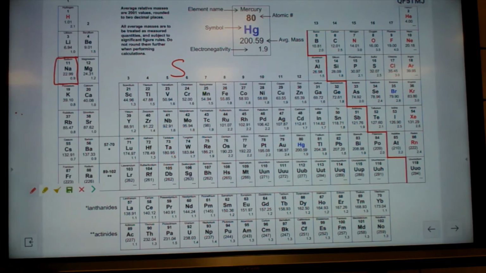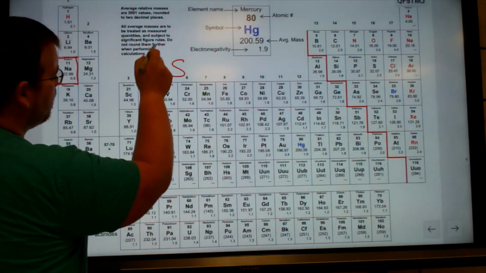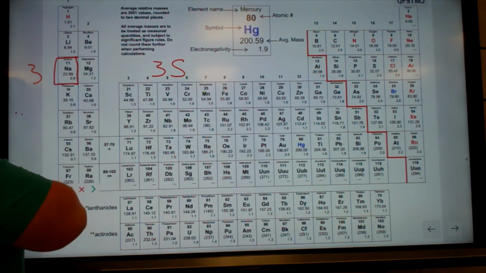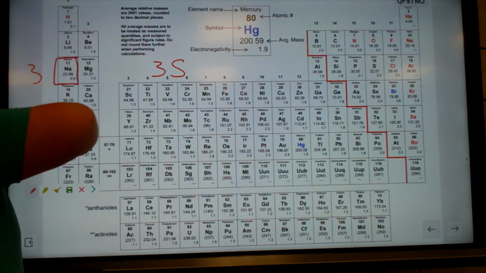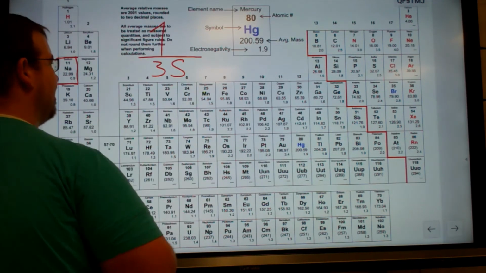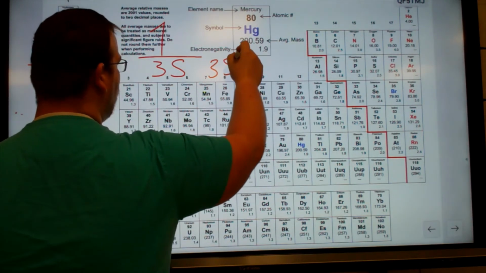Those are the rows. We're in row 3. I will stop at 3S. How far into the 3S did I go? I went one place, so it has 1 electron, or 3S1.